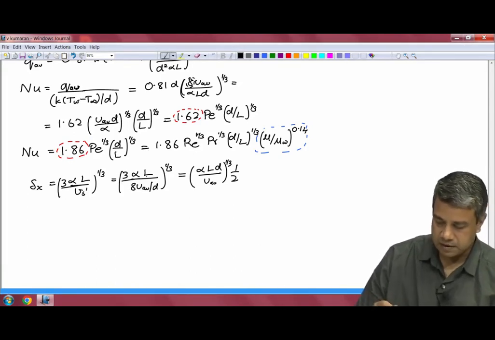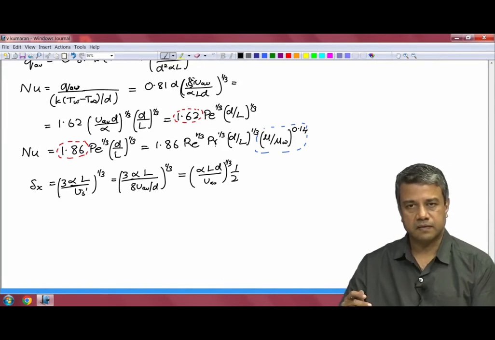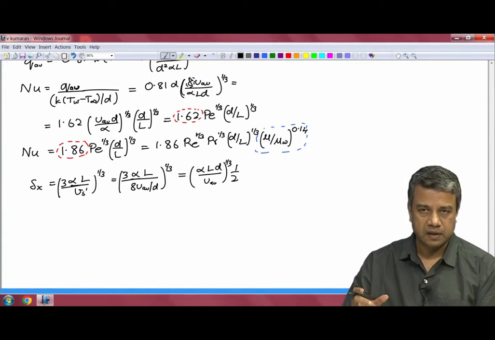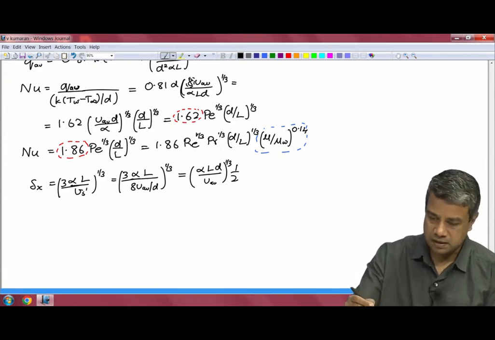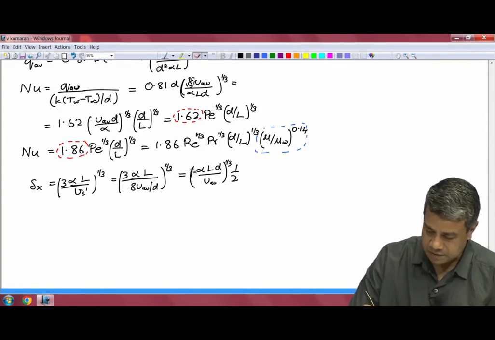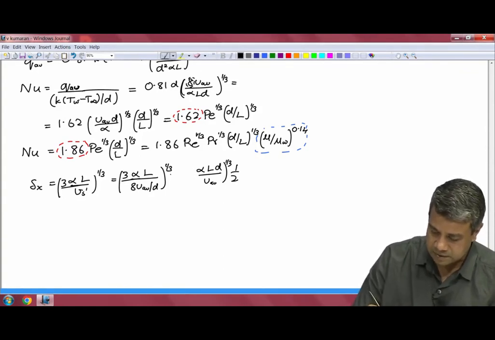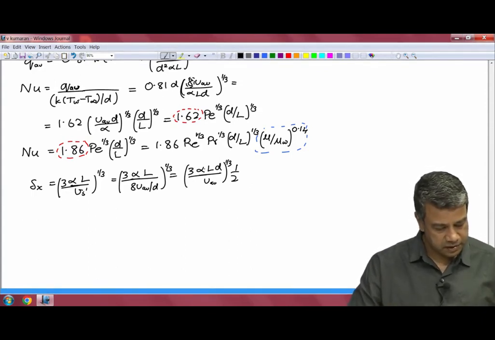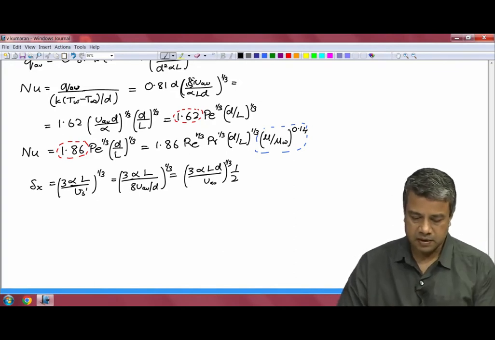There was a factor of 3 in the boundary layer thickness because of the expression for the similarity variable. There was a coefficient that had to be equal to 1, and that had a factor of 3 there. This is an order 1 factor, so you do not strictly need to incorporate it, but since we had written the factor of 3 there, I will continue with that factor of 3. So, this is the boundary layer thickness.